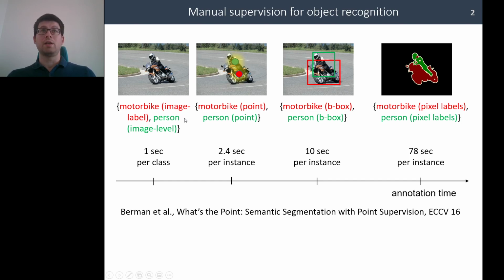And then annotations can be more detailed, such as annotating the centers of the objects, fitting boxes around them, object instances, and labeling all the pixels with their class categories. The trend here is that as we ask for more details in the annotation, the annotating time gets bigger, and obviously it gets more expensive as well.